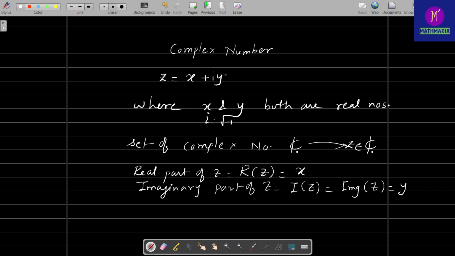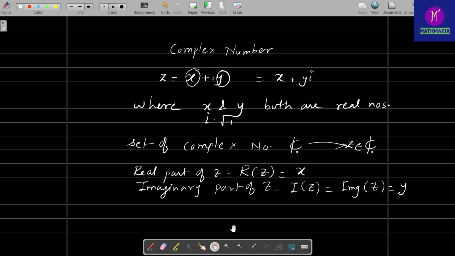Just remember, x is the real part and y is the imaginary part. So the real part and imaginary part of z are both real numbers. Whenever we talk about the imaginary part of z, we are not considering i here. It is simply y we are writing. Remember, either we write x plus iy or x plus y into i, it is one and the same.